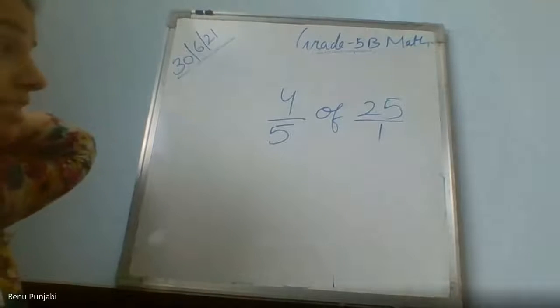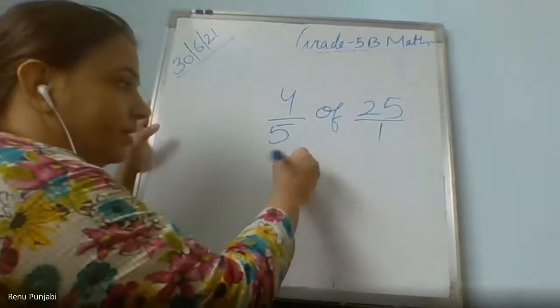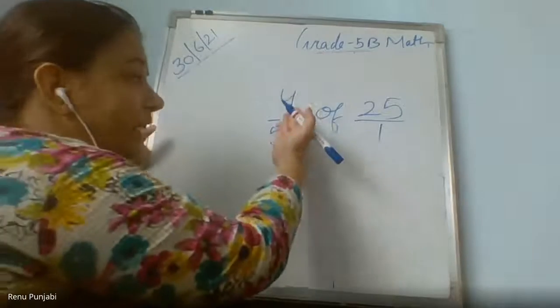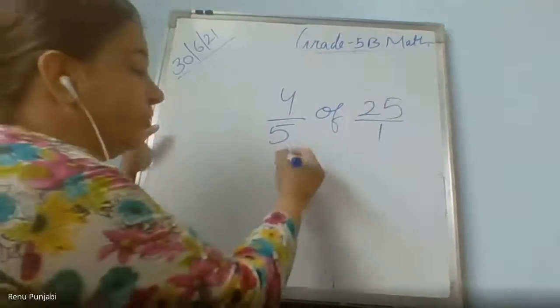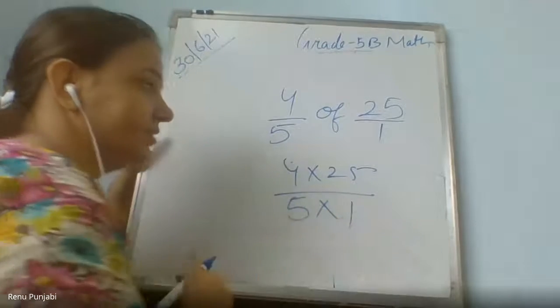Tell me what is the answer. Ma'am, 25 multiplied by 4. Yes, I only said the numerator multiply by the numerator and denominator multiply by the denominator.